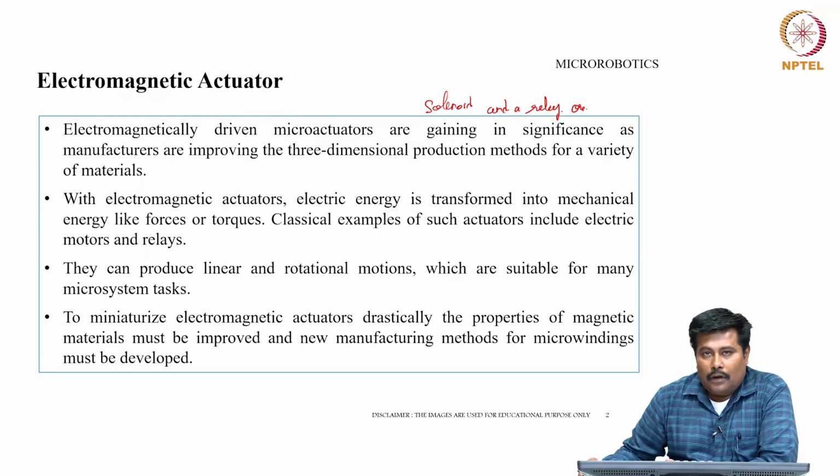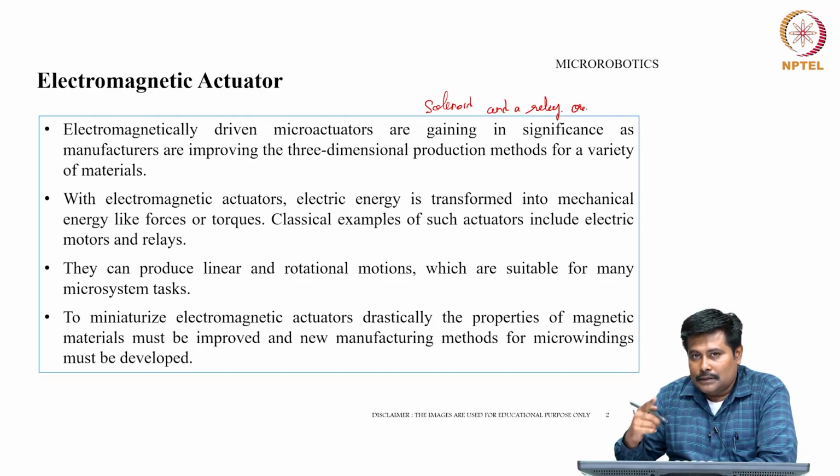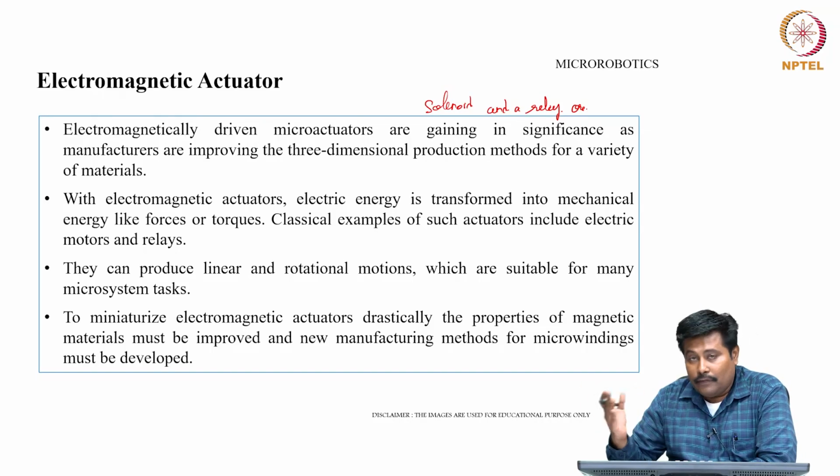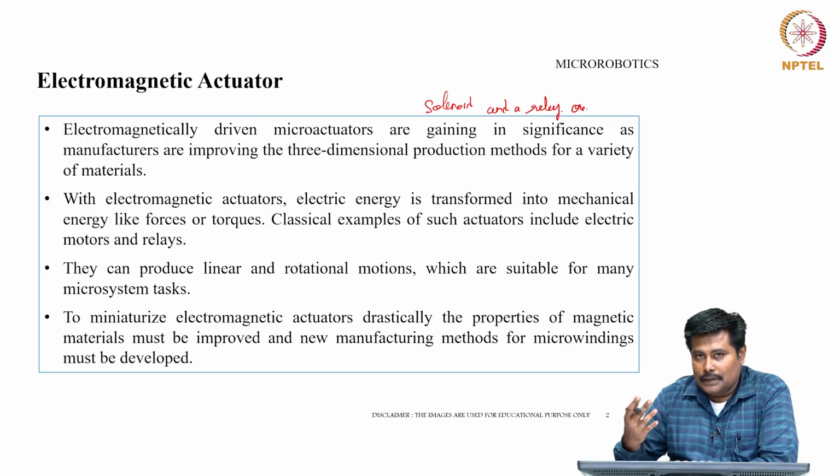I think most of you might be aware of a solenoid. A solenoid has an electromagnetic coil and it is used for direction related applications. Basically it is a macro level actuator. A relay, most of the time, acts as a switch.